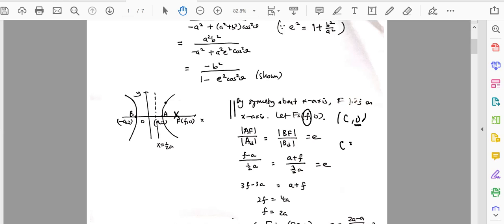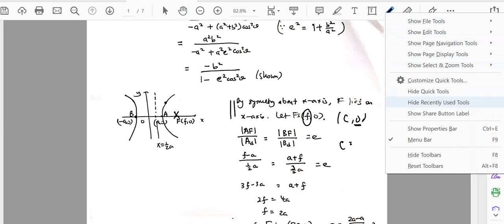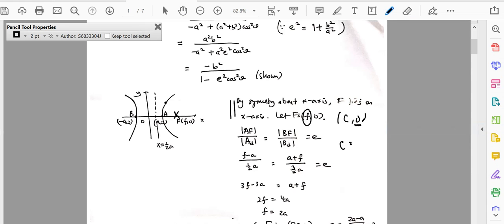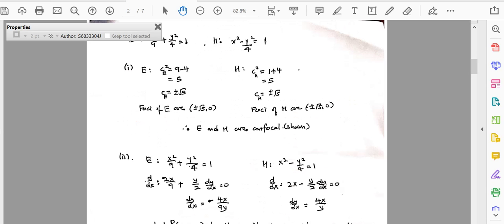Given the equation of the hyperbola, there are two known points that you can capitalize on instead of using a general point. So you look at point A and point B. By the definition of E, the distance of A to F equals E times the distance of A to the directrix.